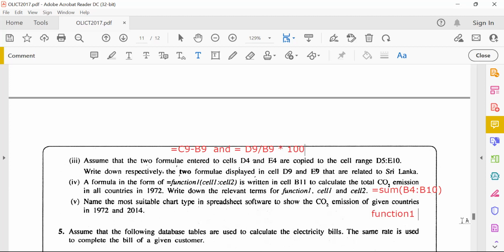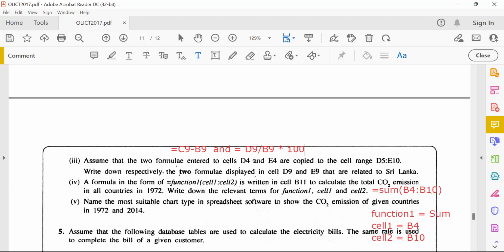What is the function? That is sum, isn't it? Then cell1 is B4, and cell2 we have to have B10, right? So that's the answer. Last one is easy.